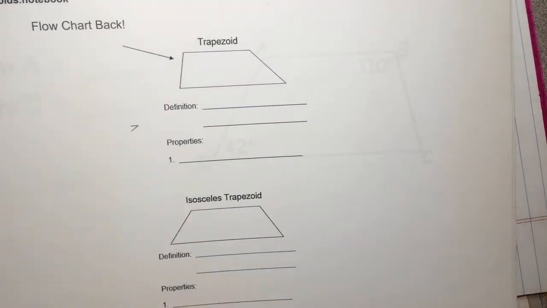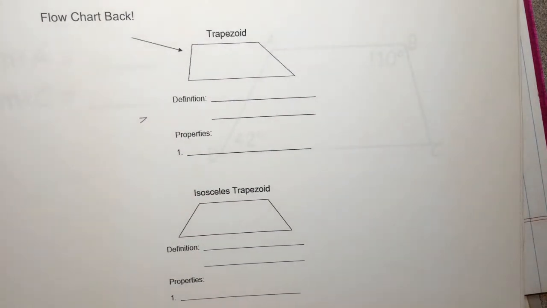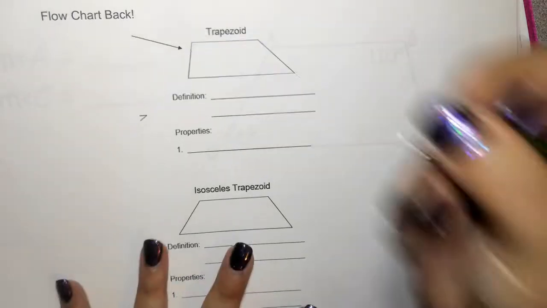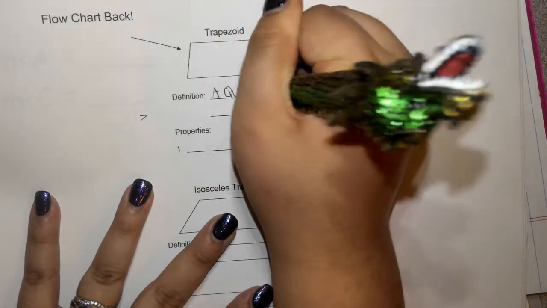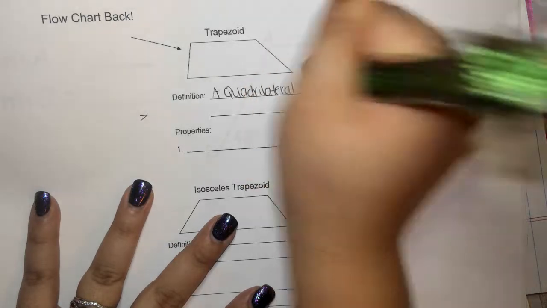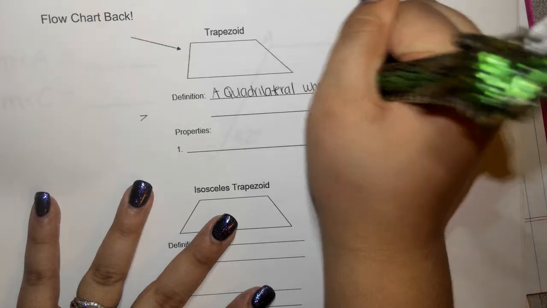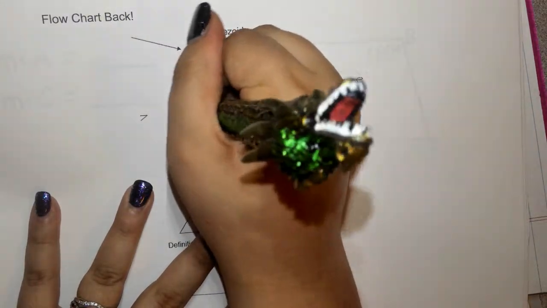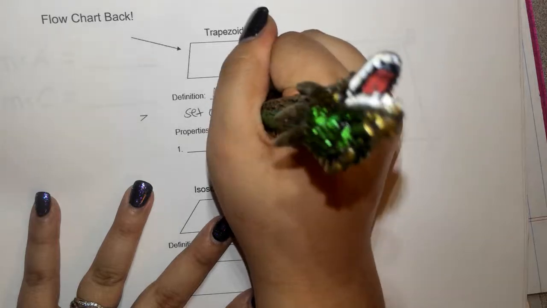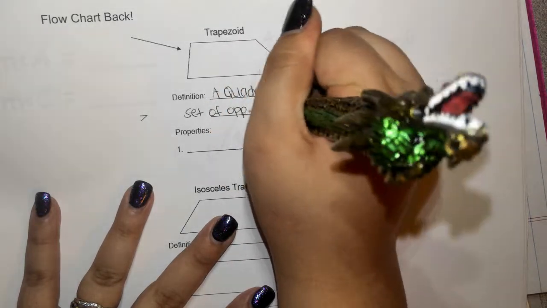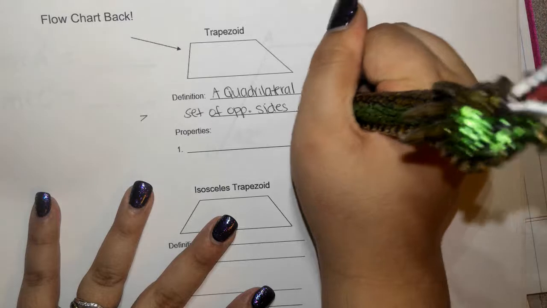Turn it over to the back to look at the trapezoid side. So the definition of a trapezoid is a quadrilateral where one set of opposite sides are parallel.